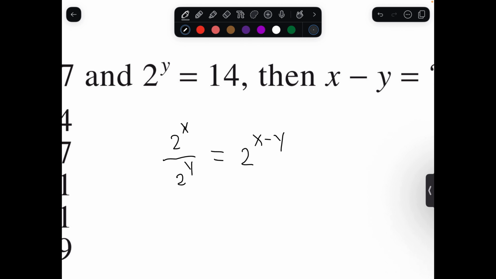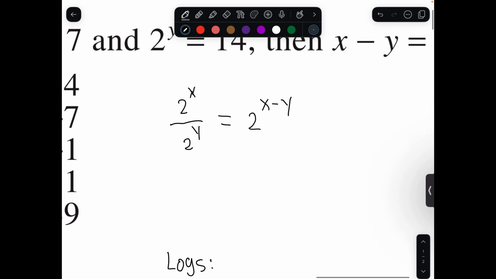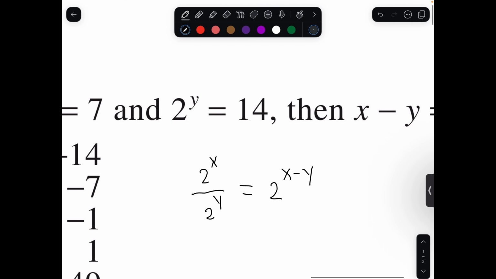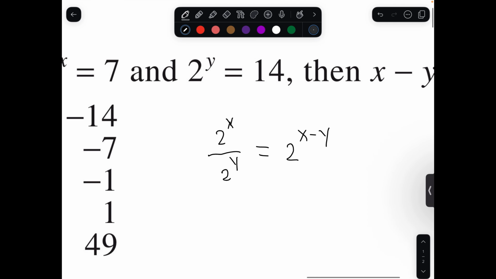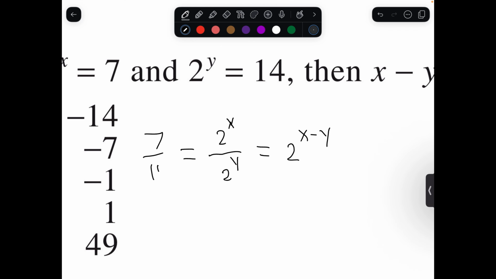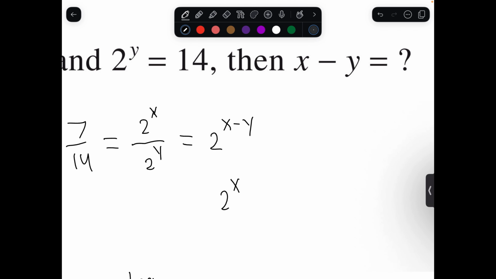This is an exponent property. And 2 raised to the power of x over 2 raised to the power of y equals 7 over 14, which is 1/2, right? So 2 raised to the power of x minus y equals 1/2.